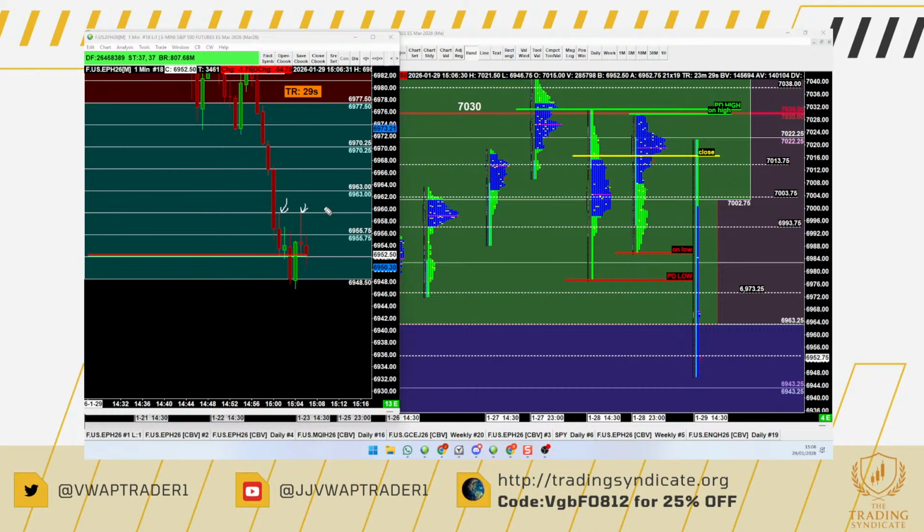If you were long 52, 53, and you didn't sell at 58, 59, that's not my fault. Inventory's correcting. The people who trade initial balance, you got a big initial balance, 70.22 all the way down to 69.46.